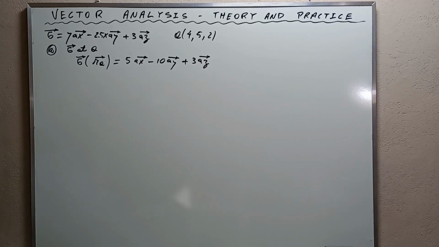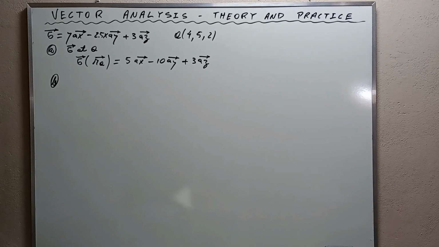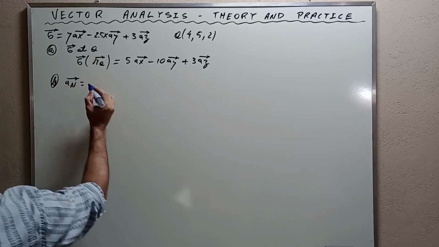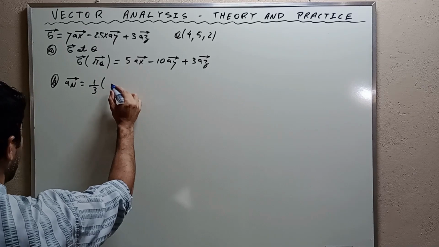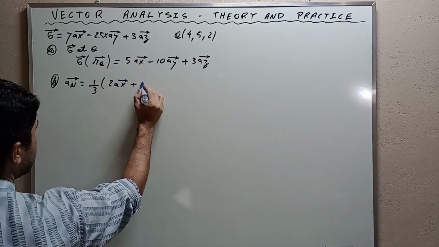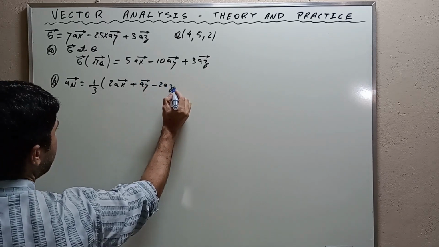Now let's consider letter B. Letter B, the scalar component of G at Q in the direction of the unit vector an equal to 1/3 of 2ax plus ay minus 2 times az.